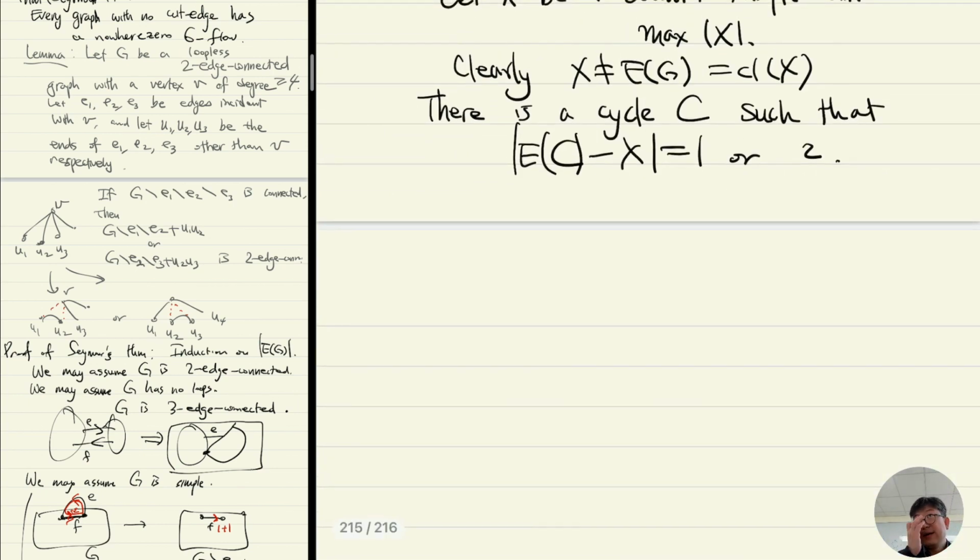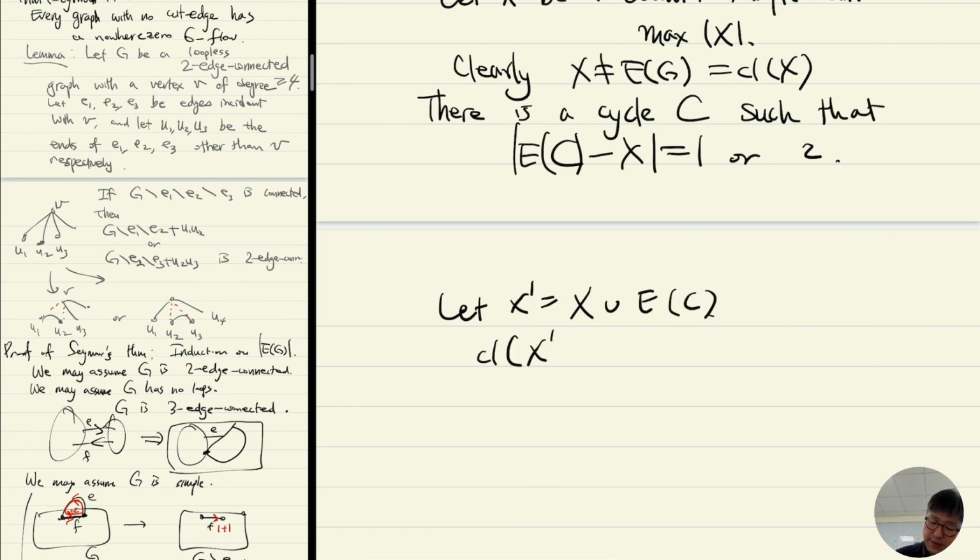Now, let X prime be the union of X with E(C). Now, the closure of X prime must contain the closure of X by definition.